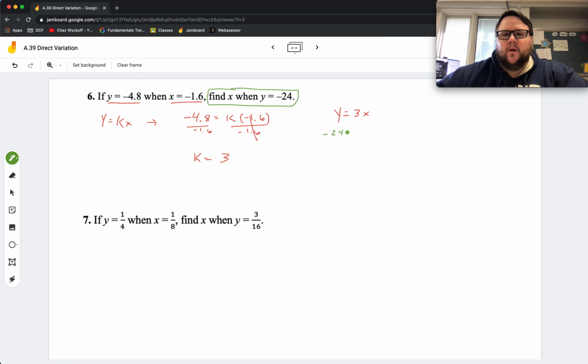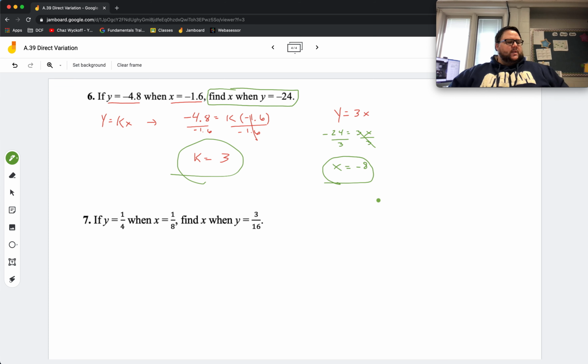Negative 24 equals 3 times x. We don't know what x is, so I divide both sides by 3. And I get x equals negative 8. That's my answer. K equals 3, x equals negative 8. So our equation was y equals 3x.